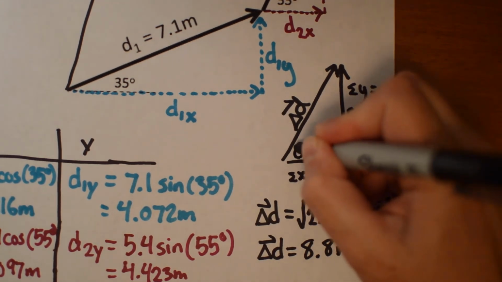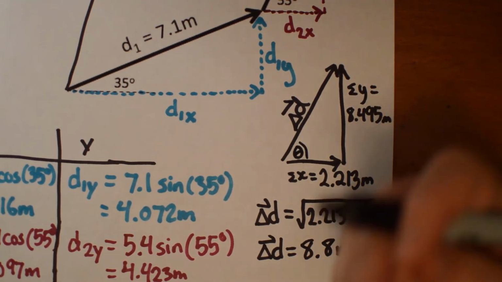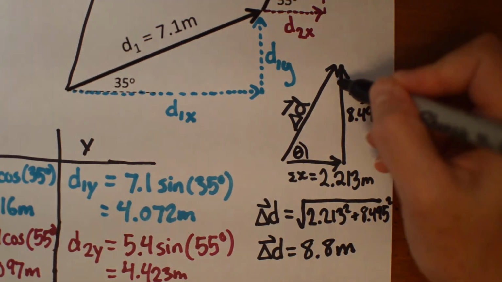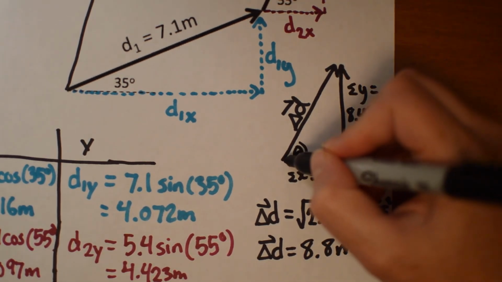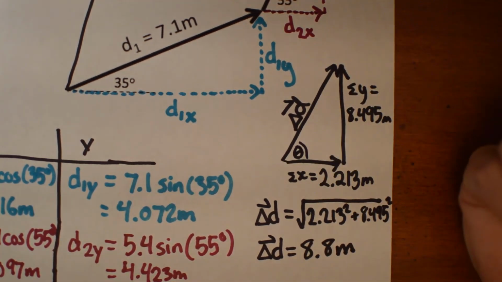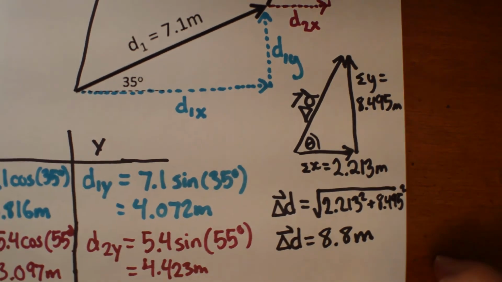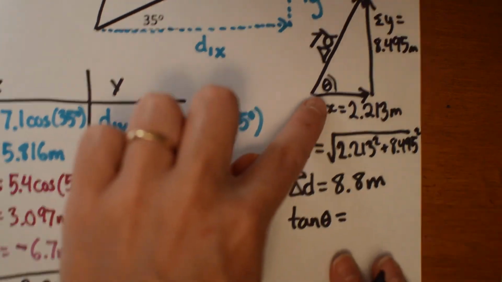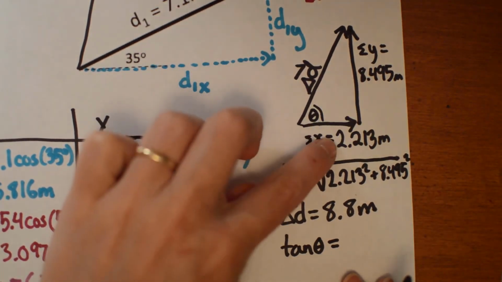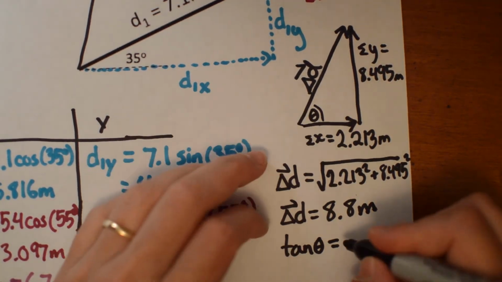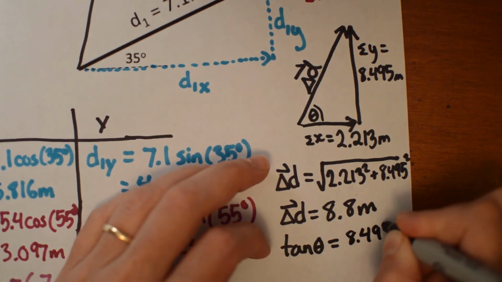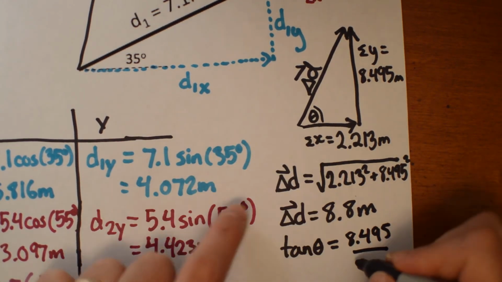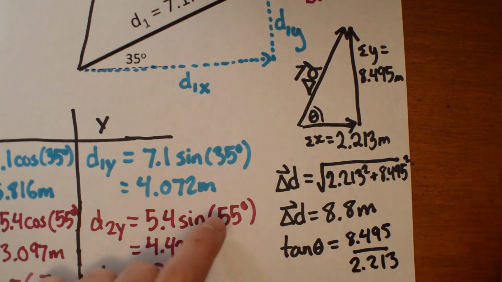I'm actually not done. Delta D has an angle to it, right? So I need to find that angle theta. This is a good one here. It actually doesn't matter if you wanted to find that one, that's okay. This is just maybe the more normal one down at the base of the vector. So theta, I'm going to use a tan function for that. Tan of theta will be the opposite, that's this value, over the adjacent. So the opposite is the 8.495 divided by the adjacent side, which is the 2.213.